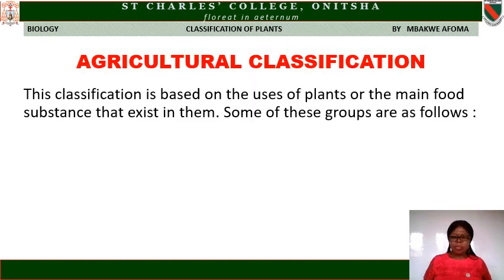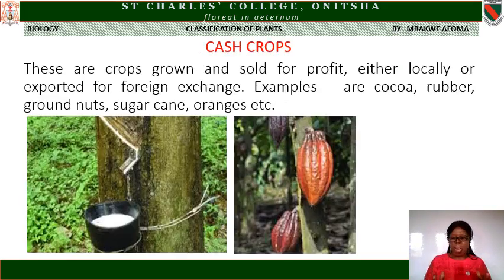Agricultural classification. Now, crops are classified here based on their food values, what they have inside them. So when we consider them like that, we have the following crops. The cash crops. These cash crops are grown for sale for profits.